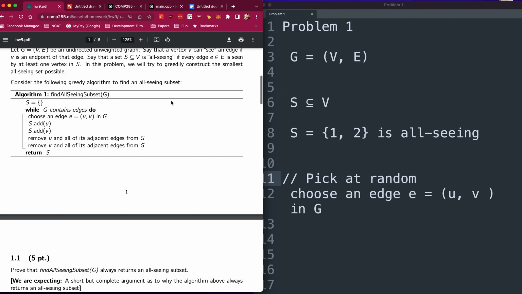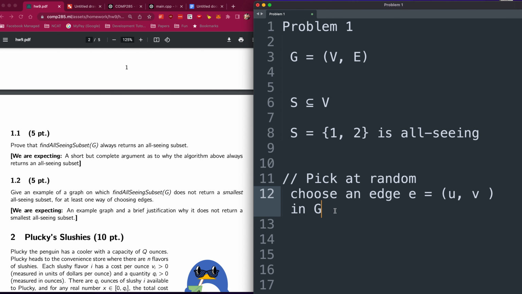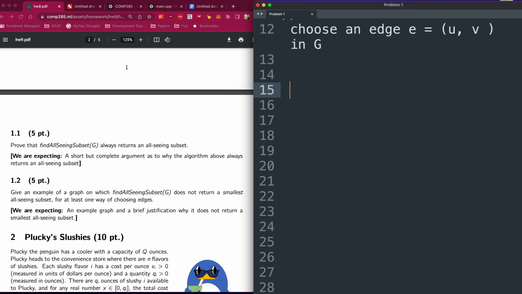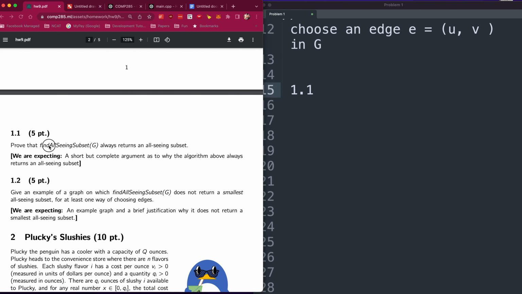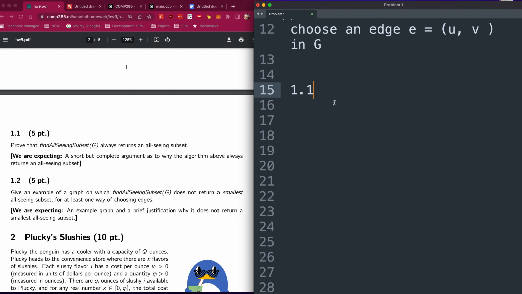So we're going to consider that algorithm, okay? And then the first question, 1.1, is prove that find all seen subset always returns an all seen subset. So what this means is we're expecting a short but complete argument as to why the algorithm always returns an all seen subset.